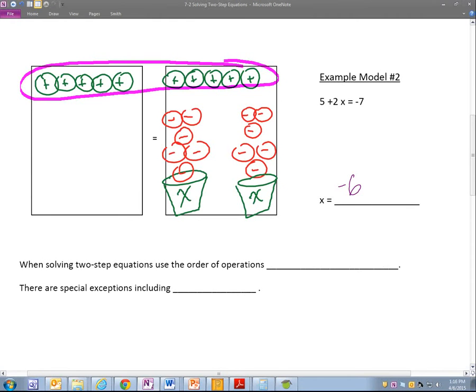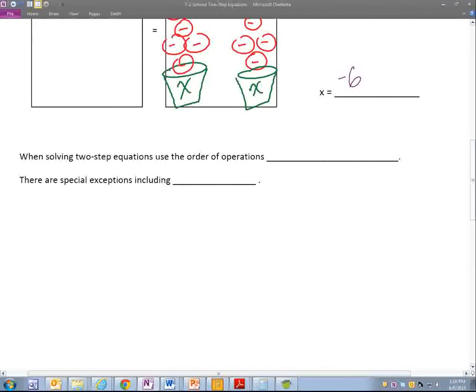Now, when we're solving two-step equations, we need to use the order of operations, but a little bit different. Because when we solve for equations, are we going the regular order of operations order?